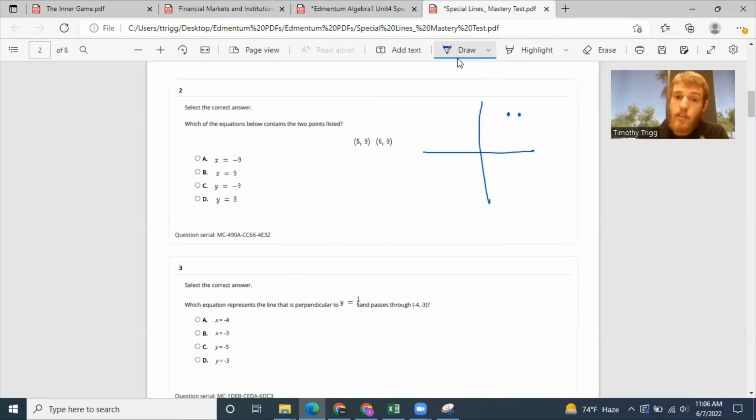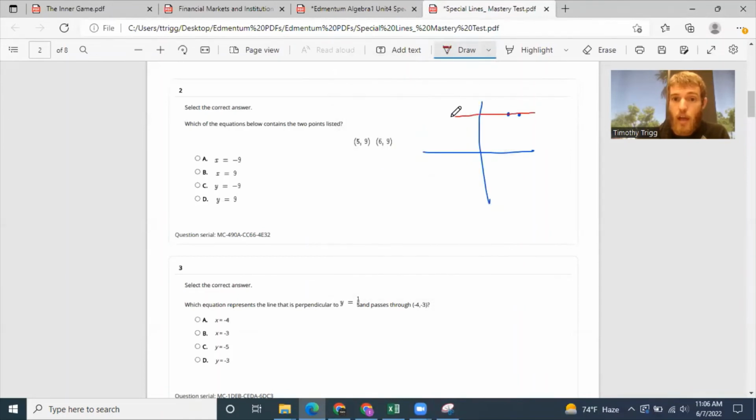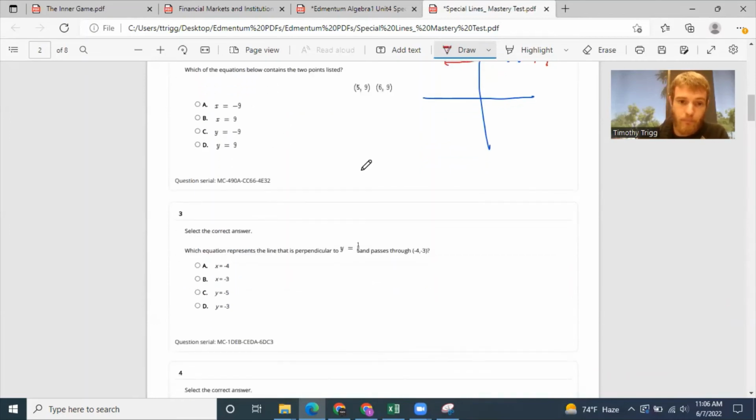So if it contains these 2 points, that means our line would have to be a horizontal line. And remember, horizontal lines are always in the form y equals. So figure out which of those is the correct way to write that. What would be the equation that goes through both of these points?